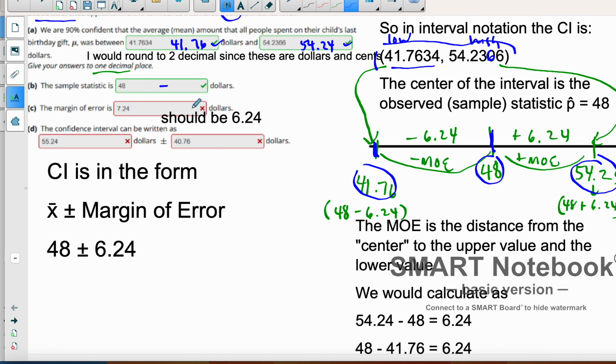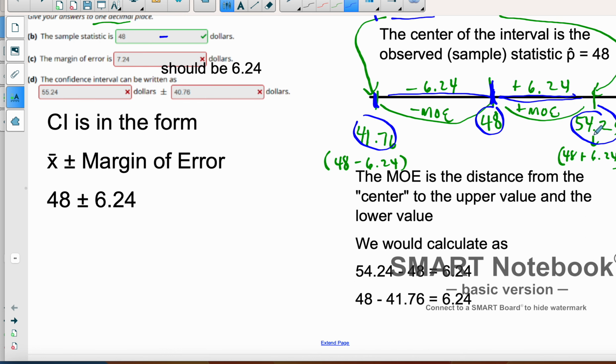The margin of error is just calculating the distance from the center to the upper range and from the center to the lower range. So the upper range is just 54.24 minus 48, $6.24.